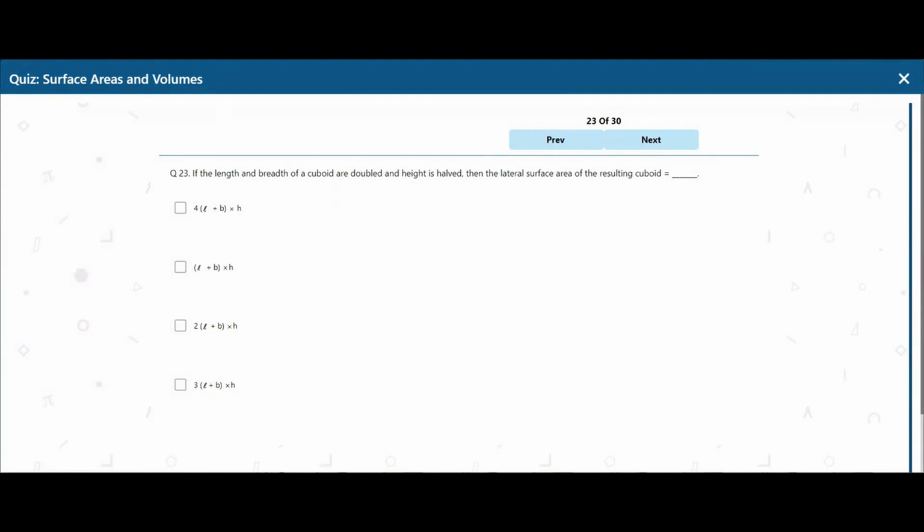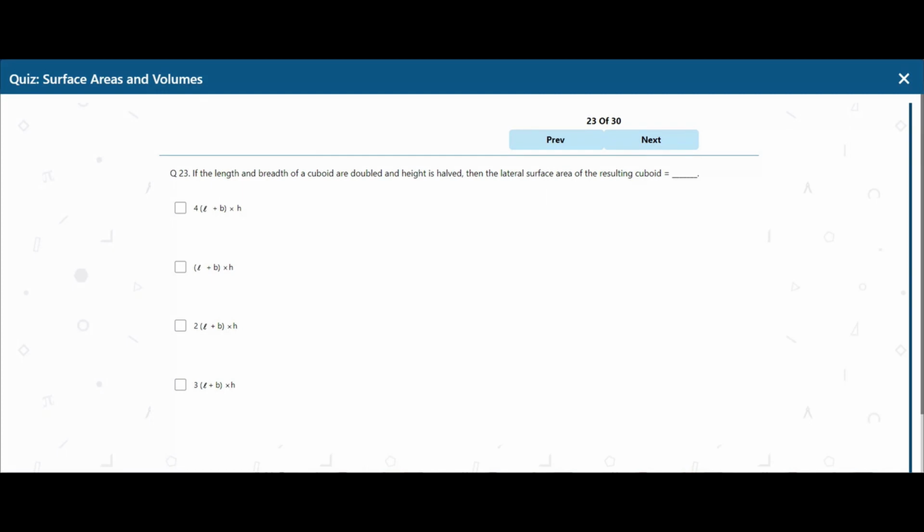Next, Sanjana. Length and breadth of a cuboid are doubled, height is halved. What happens to the lateral surface area of the resulting cuboid?